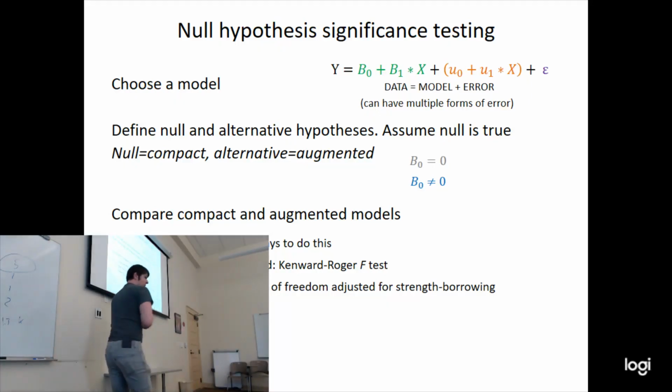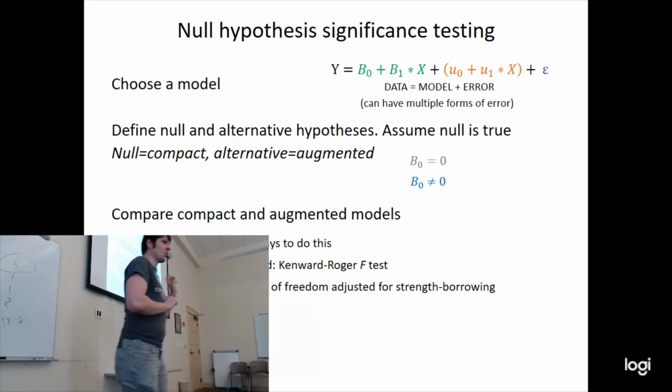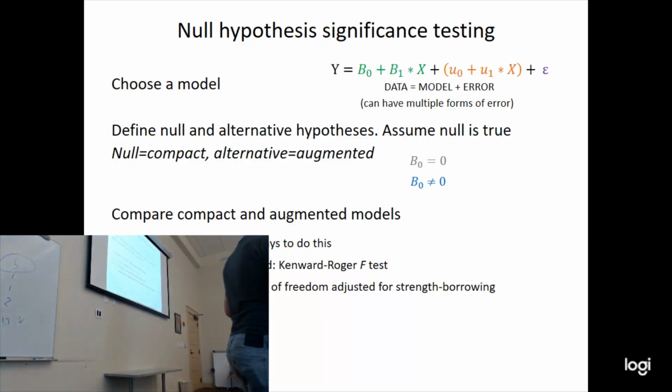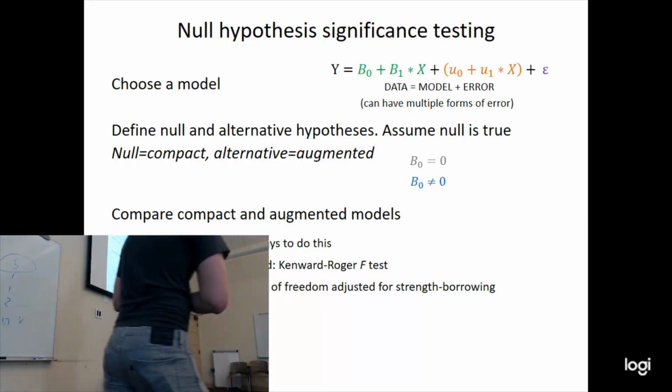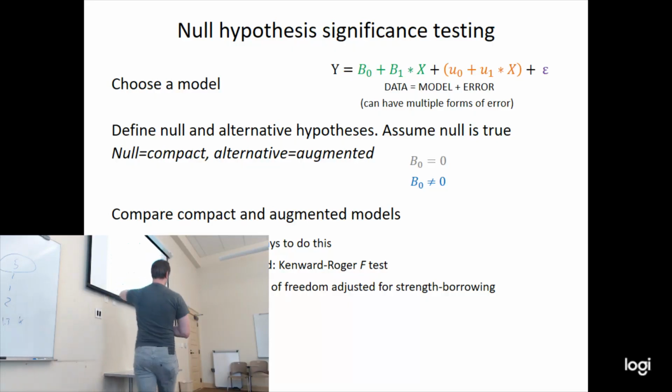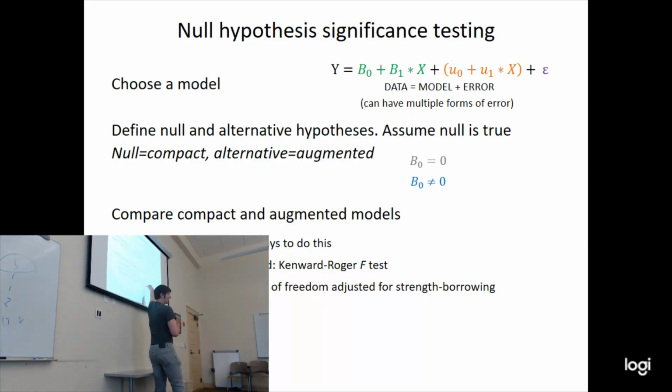The one that we've been using so far, without me telling you what it is, is called the Kenward-Roger approach. The Kenward-Roger approach gives you an F that works very similarly to other Fs that you've seen. But one difference is that it gives you fractional values of degrees of freedom.